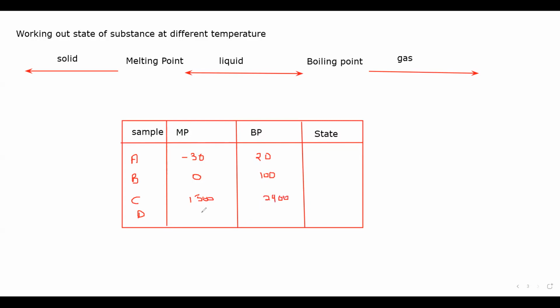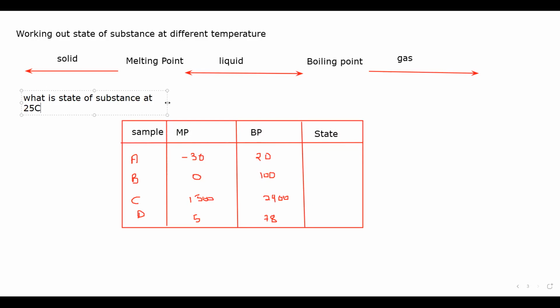And for substance D, the melting point is 5 and the boiling point is 78. Now the question is, what is the state of the substance at 25 degrees centigrade?